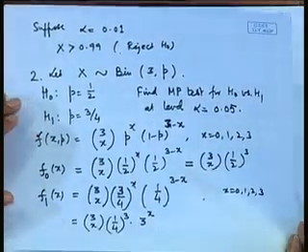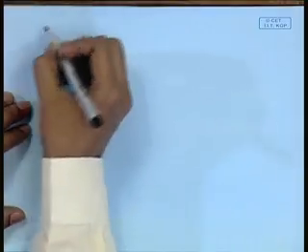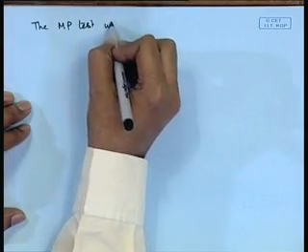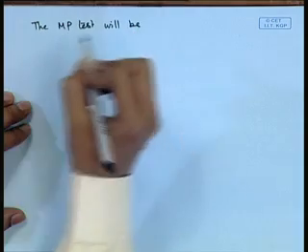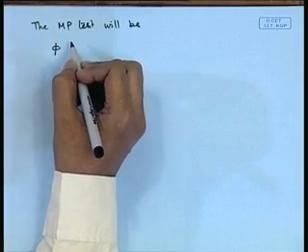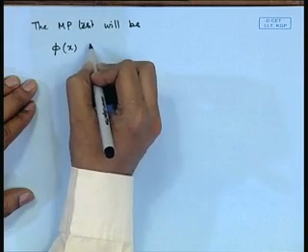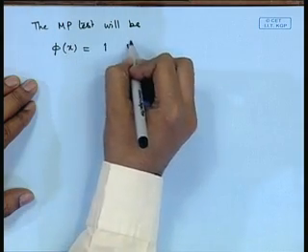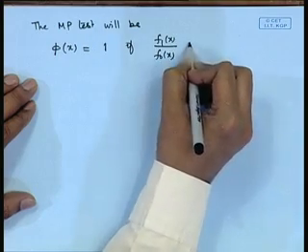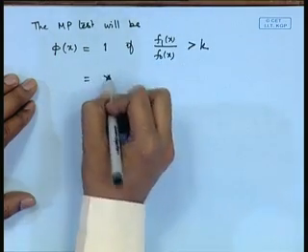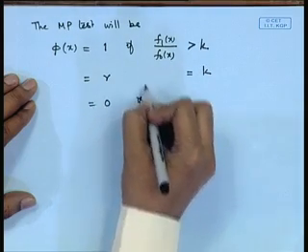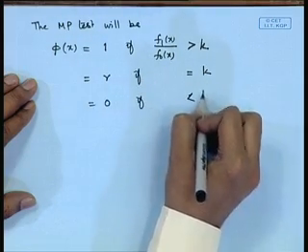So, the most powerful test form we can write: since randomization may be required, we write the test function. phi(x) is equal to 1 if f 1 x by f naught x is greater than k, it is equal to gamma if this is equal to k, and it is equal to 0 if this is less than k.